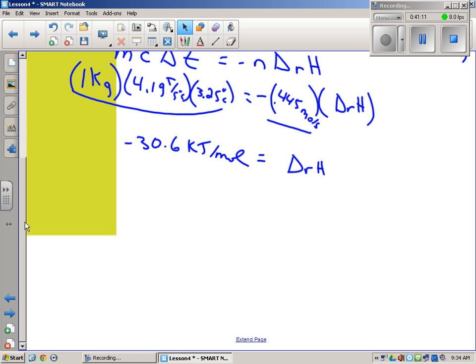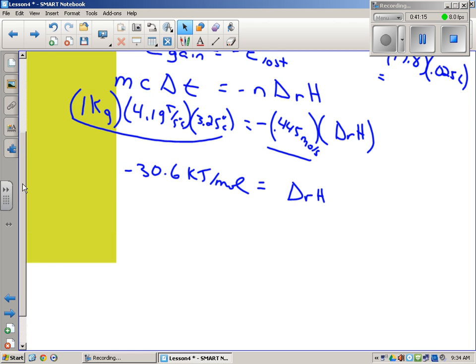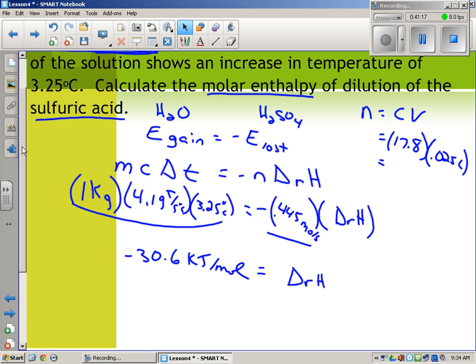The important thing to remember is you have to look at the system. In most cases, and I don't even know if we do any that do this, water is always going to be part of the system, right? Aqueous solutions or actually just water itself. So, you know, think about that.